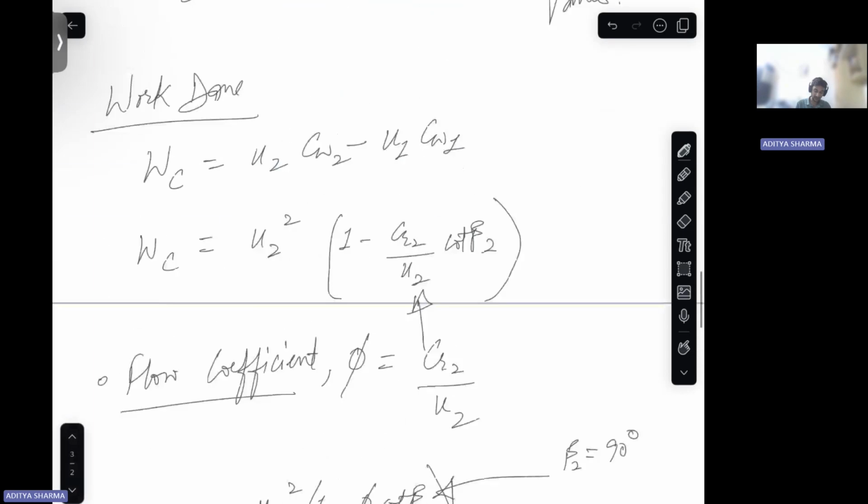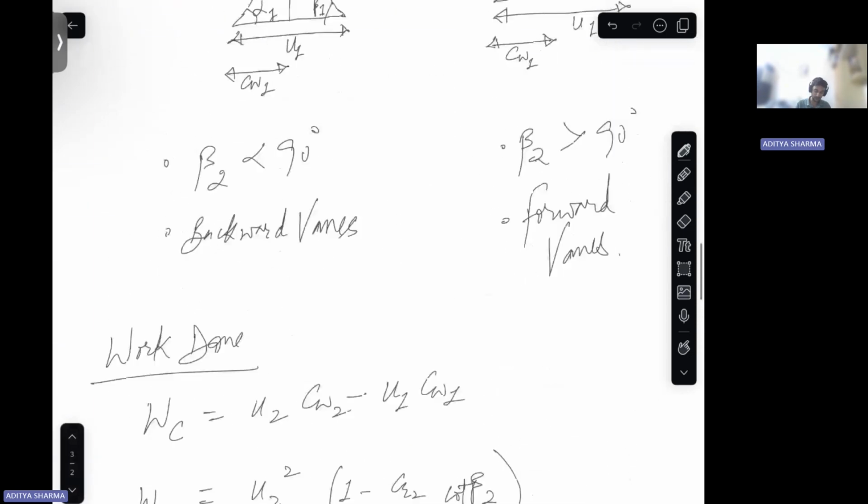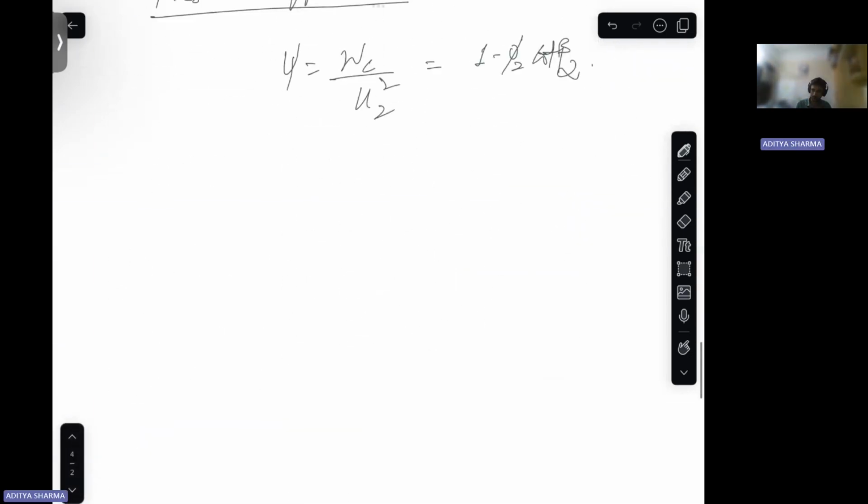And then we have discussed these forward and backward vanes. So now we can draw this relation between these two. So it is like this. So it is something like this.